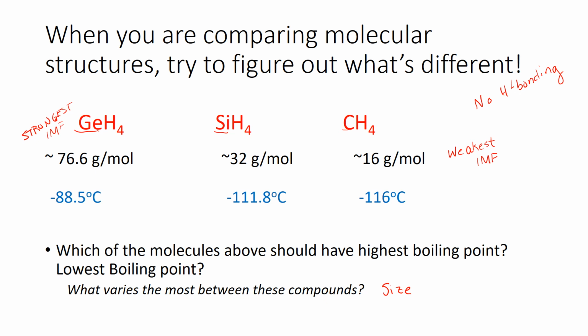Methane has a boiling point of negative 116 degrees Celsius. Silane was about negative 112 degrees Celsius, so a little bit higher boiling point ultimately because we're in the negative range. And germane at negative 88 is the highest of those boiling points.